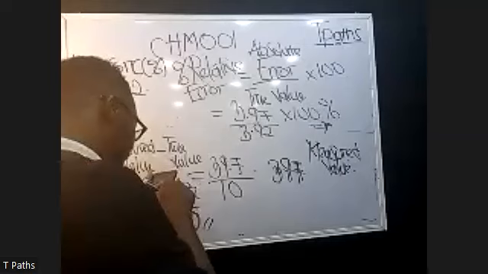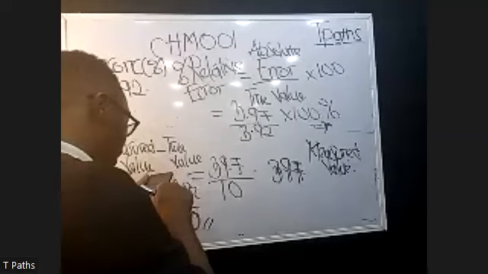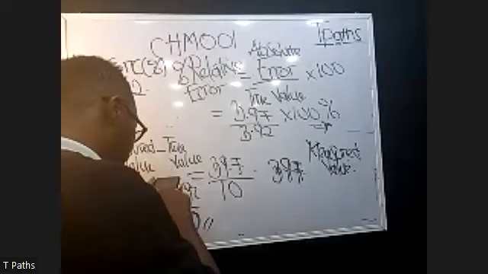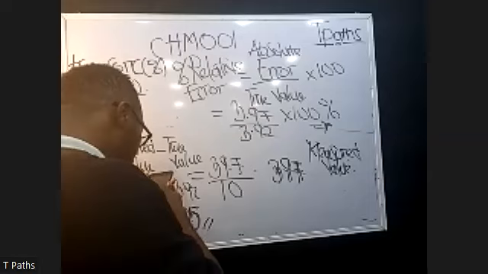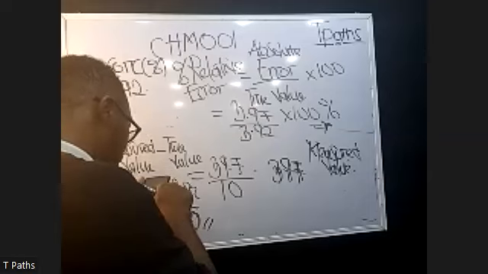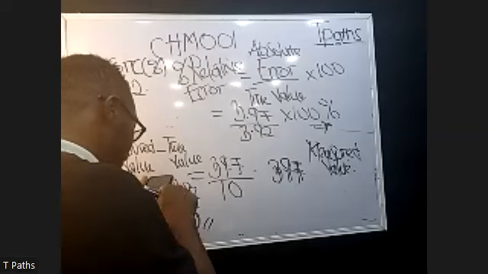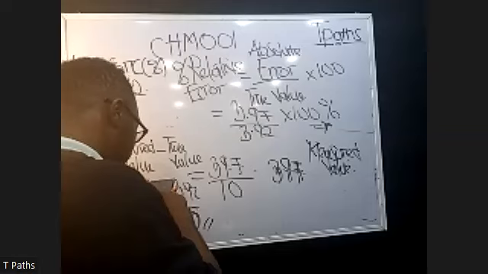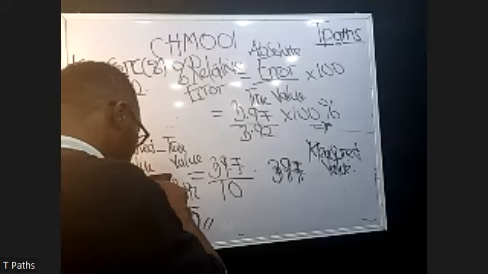Plus 3.59. Then quickly I punch my calculator again. 7.51 plus 3.95 plus 4.06 plus 1.48. I'm pressing my calculator again. Plus 3.60.